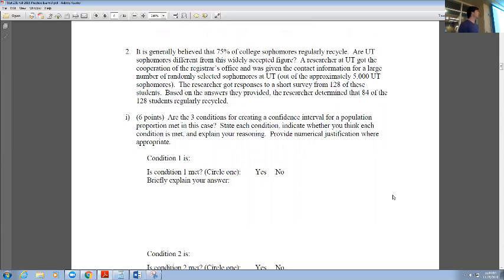I'm going beyond this question to show you that if the question said check the conditions for doing a test, the third condition would be the success failure condition. But what math would you do? You would multiply n by p hat if it's for a confidence interval, and by p naught if it's for a test.